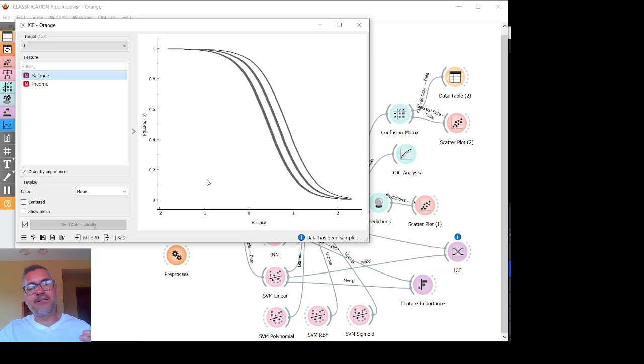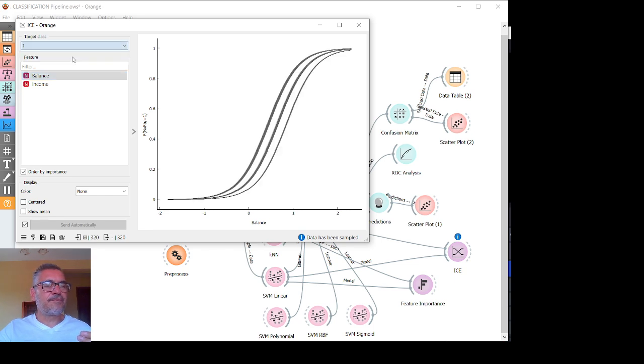What we see here is that the more we increase the balance, the higher the probability, let's put here 1, the class that we care about, the people that are not going to pay their credit cards. As we can see, there is a monotonous positive relationship between the balance and the probability that someone is not going to pay.